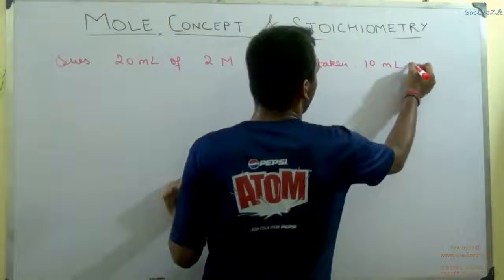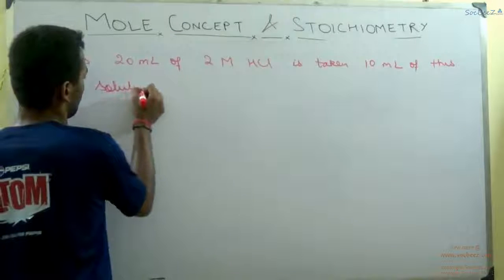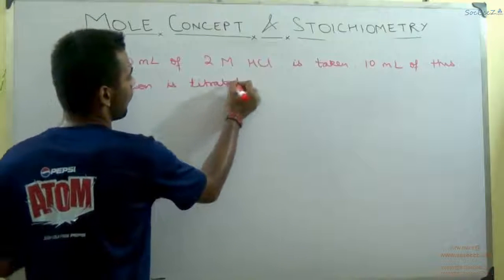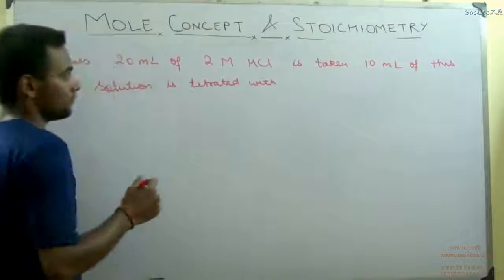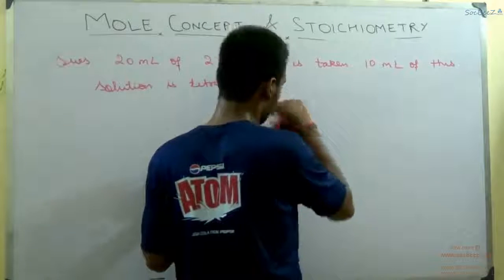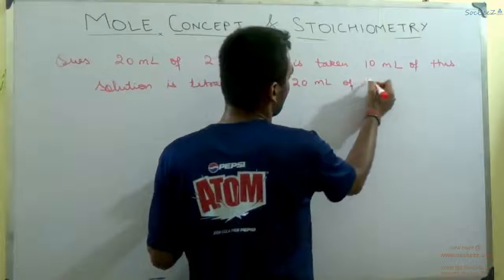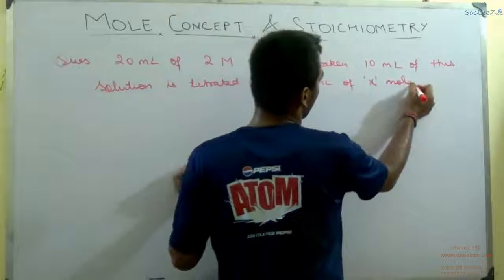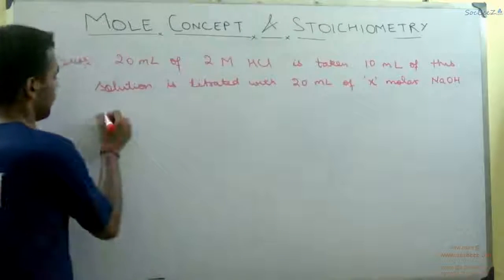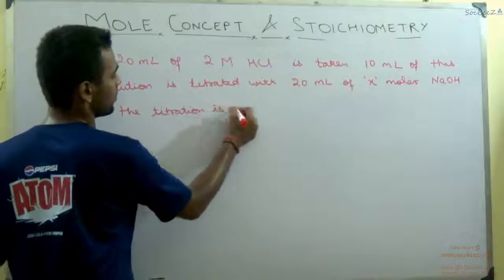Then 10 ml of this solution is titrated with 20 ml of X molar NaOH, and the titration is complete.